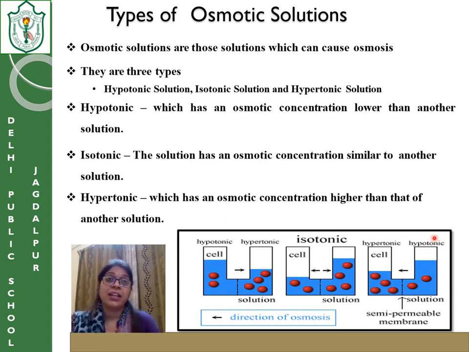Now, the osmosis rate and the condition of the cell depend upon the osmotic solution. There are three types of osmotic solution which will cause osmosis. One is hypotonic, second is isotonic, third is hypertonic. Hypotonic means a solution with a lower osmotic concentration, meaning the amount of solute dissolved in it is less.